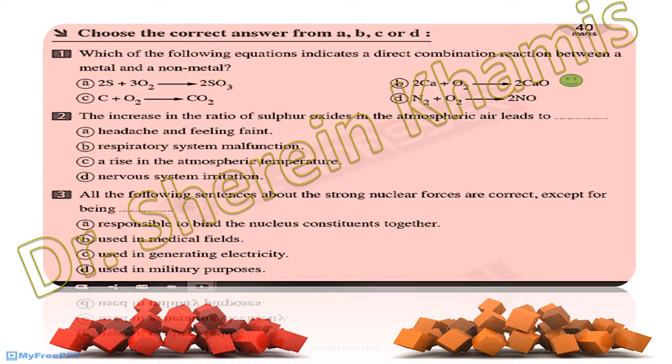The increase in the ratio of sulfur trioxide in the atmospheric air leads to, okay, we said that we have sulfur oxides, sulfur dioxide and sulfur trioxide. What does that cause? Headache and feeling faint, respiratory system malfunction, raise in the atmospheric temperature, or nervous system irritation? We said it causes two effects.